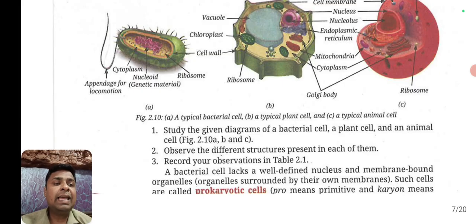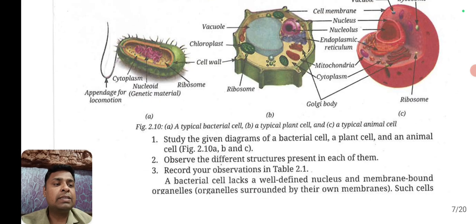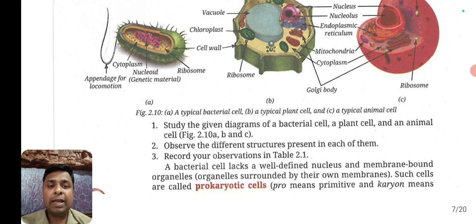A bacterial cell lacks a well defined nucleus and membrane bound organelles. So if you look at the bacterial cell, it does not have a well defined nucleus. That means the nucleus is not fixed. Membrane bound organelles, so all the organelles are there, but they are not membrane bound. There is no demarcation. Okay, they don't have a boundary.